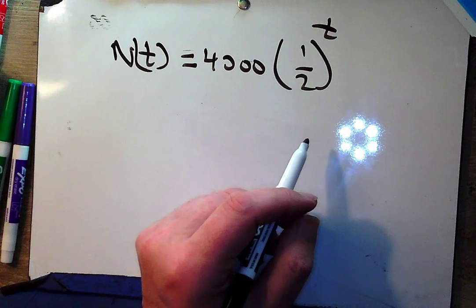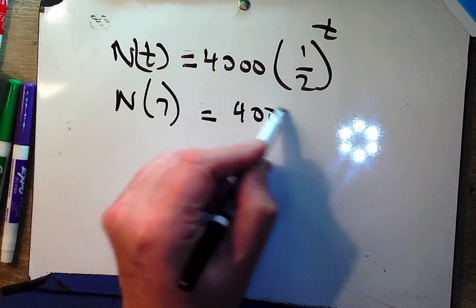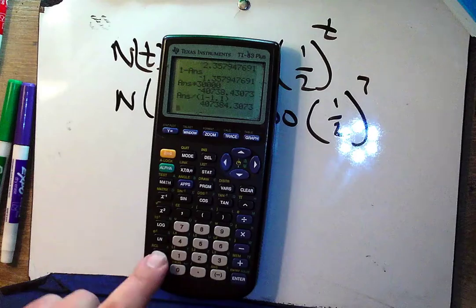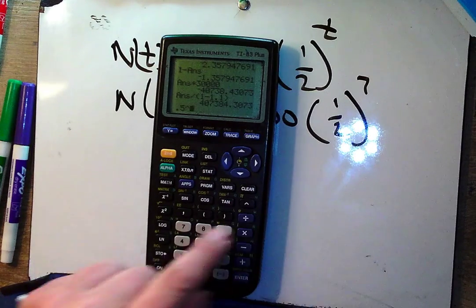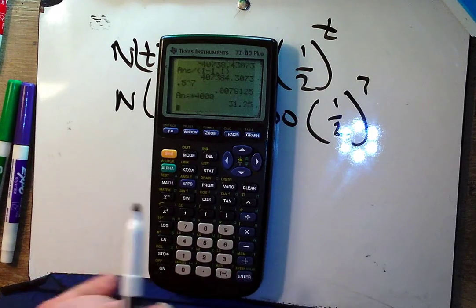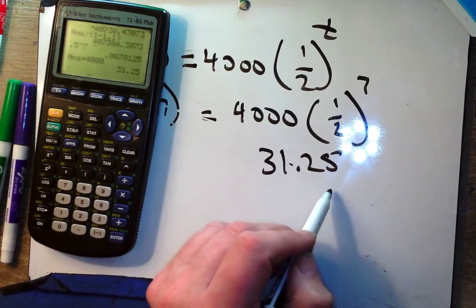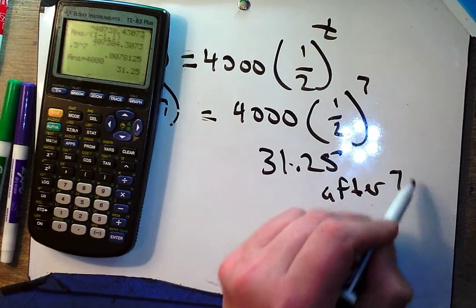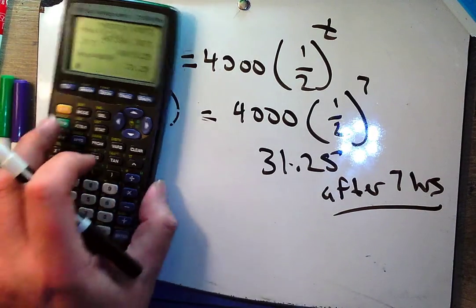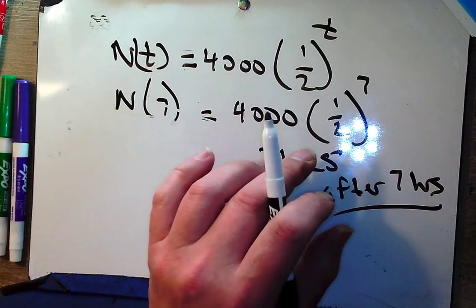So this is just plug in a 7. 1/2 raised to the 7, and then multiplying that times the 4,000 we started with, and we get 31.25 after 7 hours. Cool. Yeah, that wasn't a geometric sum. It was just what is the value of the 7th term.